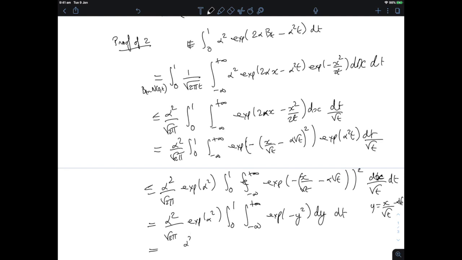And this is equal to alpha square divided by square root of 2 pi exponential alpha square times the integral from minus infinity to plus infinity of exponential minus y squared dy, which is certainly finite, right? Because exponential minus y squared is in L1.